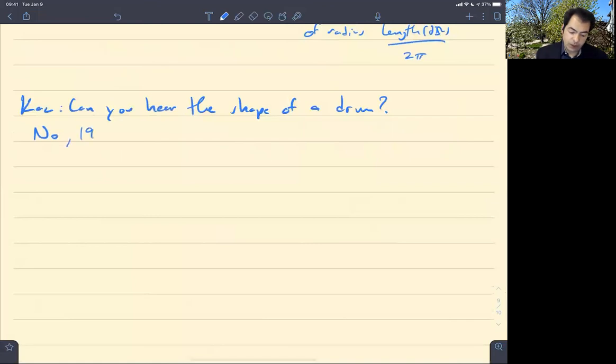So in 1991, a team of 3 mathematicians, Gordon, Webb, and Wolpert, found different planar domains that have the same eigenvalues of the Laplacian. So here are 2 domains for which that's true.